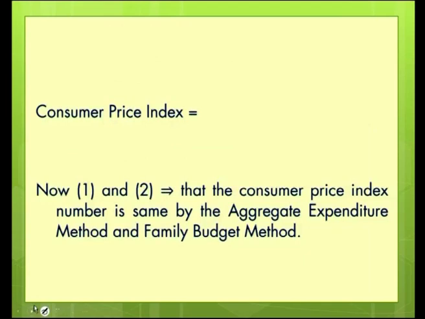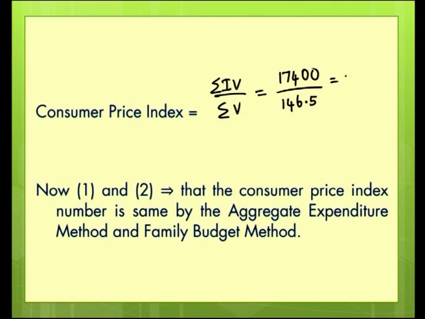The consumer price index is calculated as summation IV by summation V, which is equal to 17400 divided by 146.5, which is equal to again 118.77.